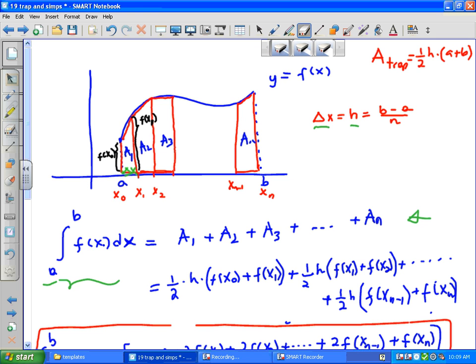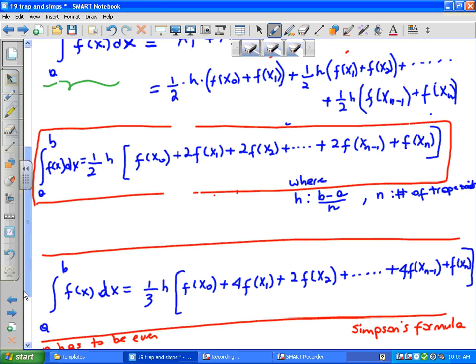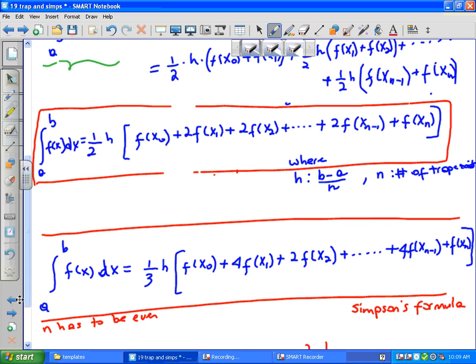Let's take a look at the following situation. f of x sub 1 is used here, and it's also used here. Please ignore all of this right now.